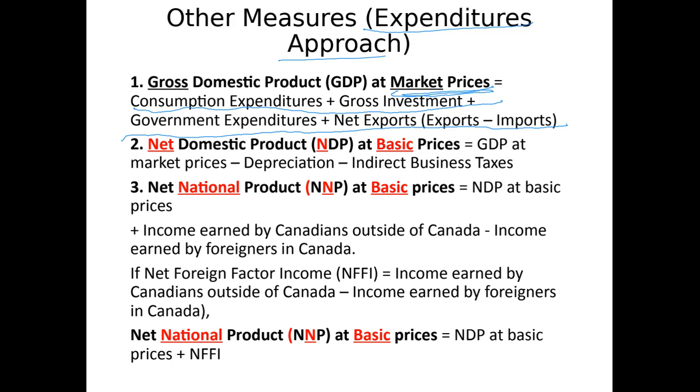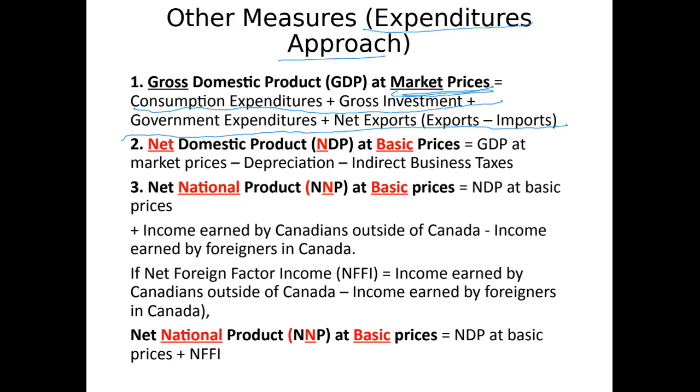Now, if I want to change this measure and make adjustments, suppose a country is producing many goods and services in that specific year, but at the same time, the tax rate is very high, and also there's a lot of depreciation as well, right? If you want to adjust for these two factors, we get a new measure. This is what we call net domestic product.